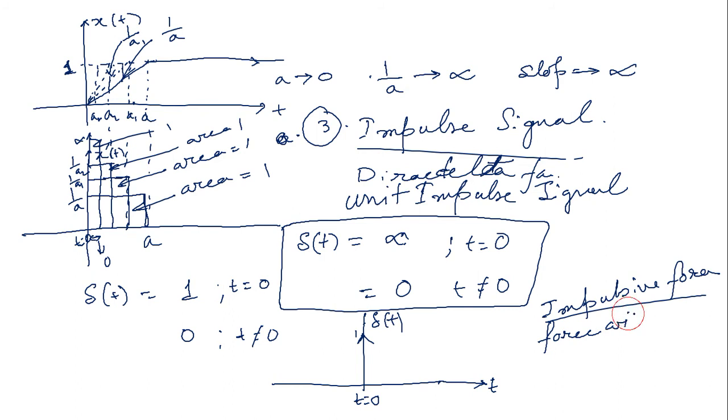That is the impulsive force, or you can say momentary force, or a momentarily existing force. Other terms are also possible. It is the force that acts for a fraction of a second. That is called impulsive force or impulse.